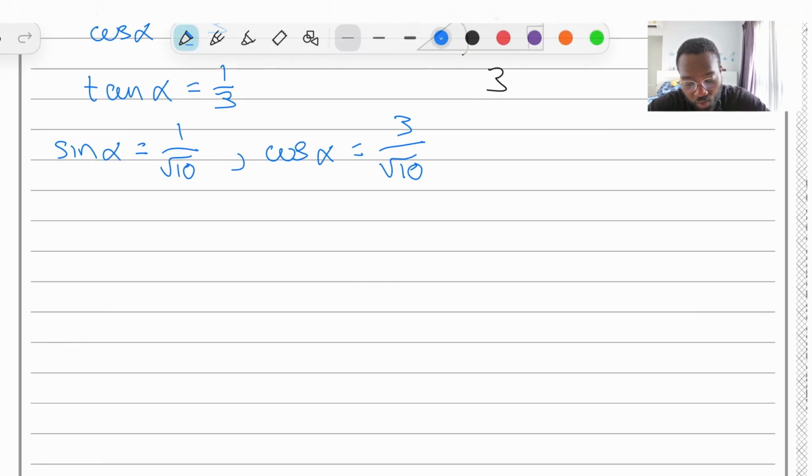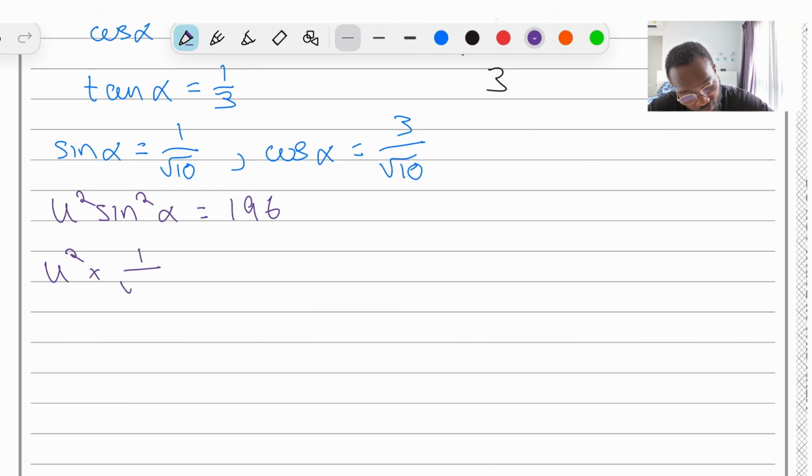Equation 1 was u squared sine squared alpha is equal to 196. Therefore, u squared times 1 over root 10, because sine alpha is 1 over root 10, all of that squared, is equal to 196. Therefore u squared is equal to... 1 over root 10 squared is just 1 over 10.